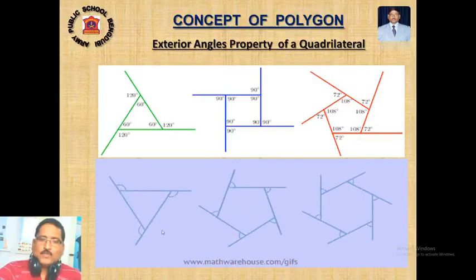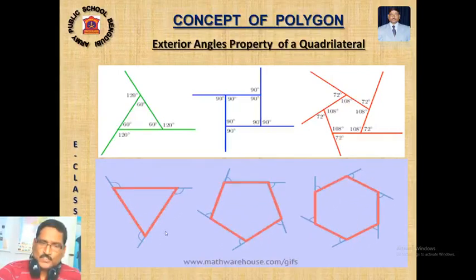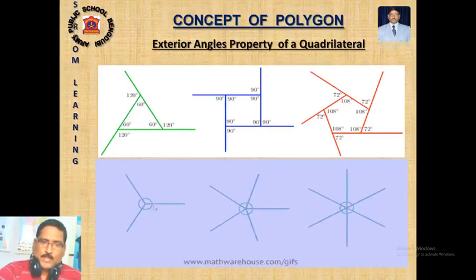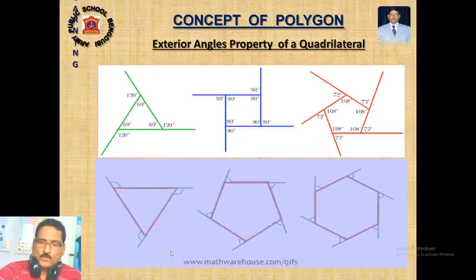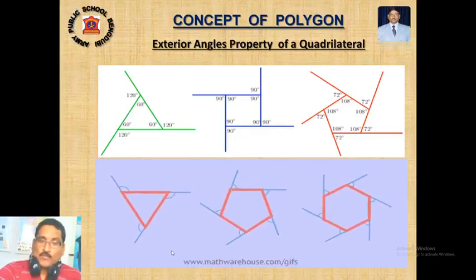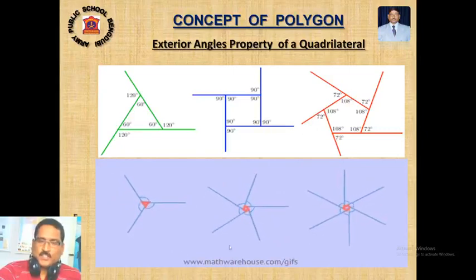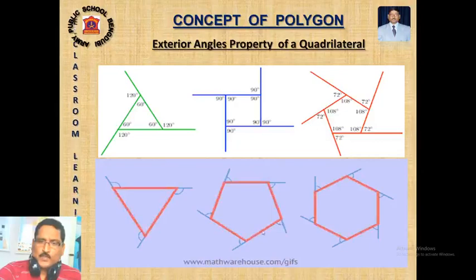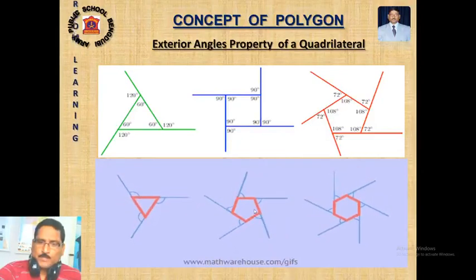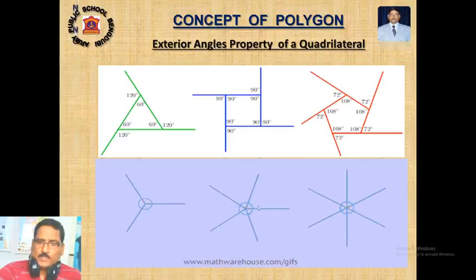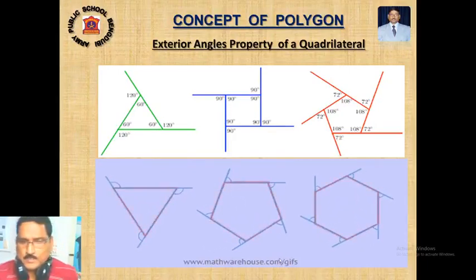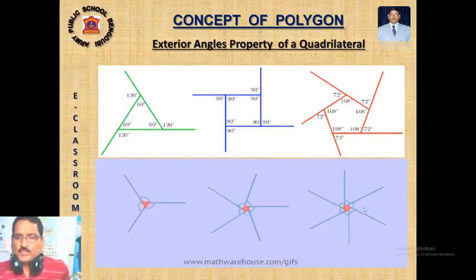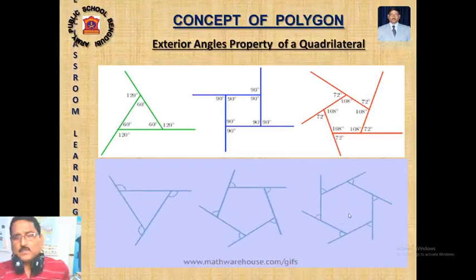The angle around a point is 360 degrees. Then the pentagon: when you merge all exterior angles at a point, after merging it forms a circle, and the angle of a circle is 360 degrees. Then the hexagon: if I add all the exterior angles, it will form a circle, so 360 degrees.